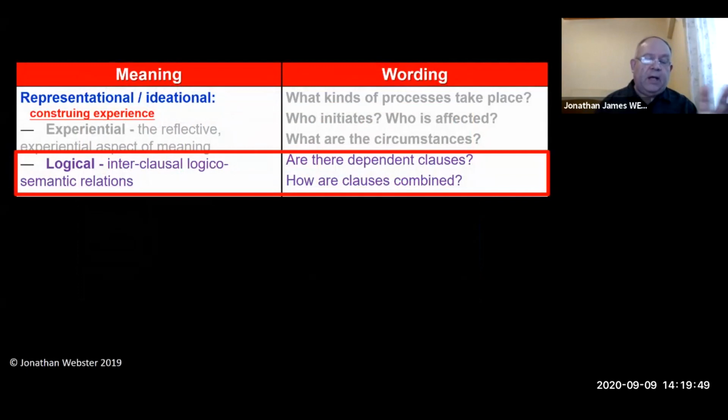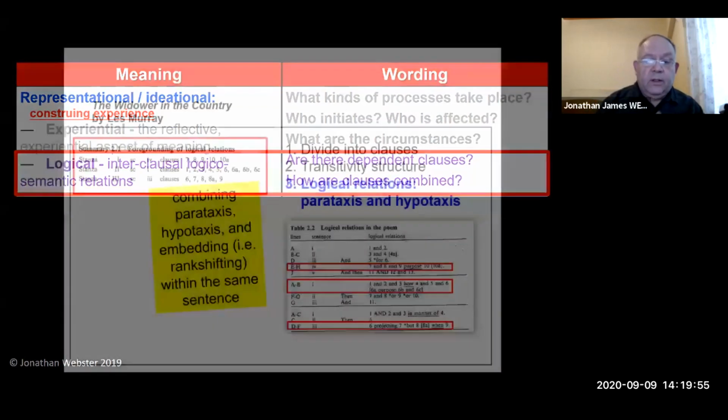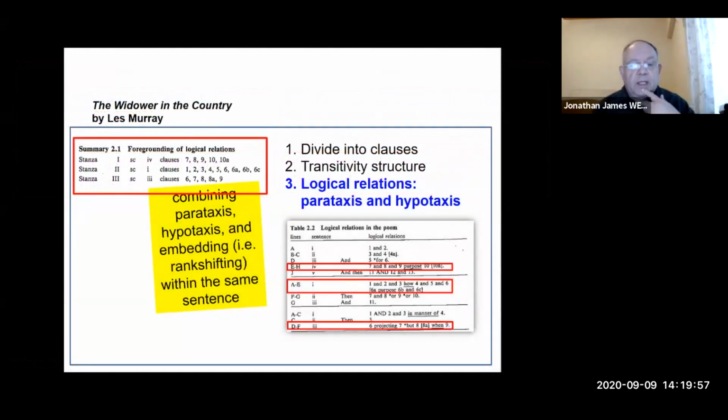All right, now come back to the other aspect, the logical, how the clauses are combined and so forth. Something interesting: if I take a look at those sentences that combine parataxis, you remember what parataxis is, right, hypotaxis and embedding, in other words, like post-modifiers, all within the same sentence.